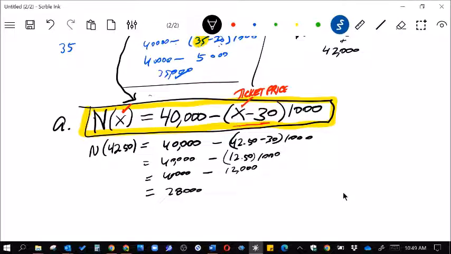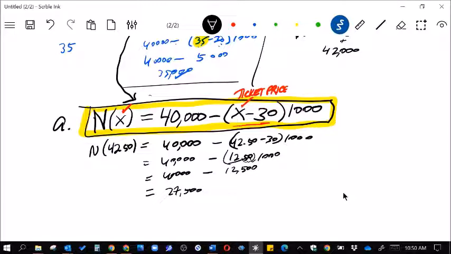Oh, wait a minute, I forgot a 5 in there. Hold on, let me fix that. That's 12,500, because essentially we're moving the decimal 3 times by multiplying by 1,000. And when you subtract that, you're going to get 27,500 people. So that amount of an increase, going up $12.50, means you're going to get a lot fewer people.